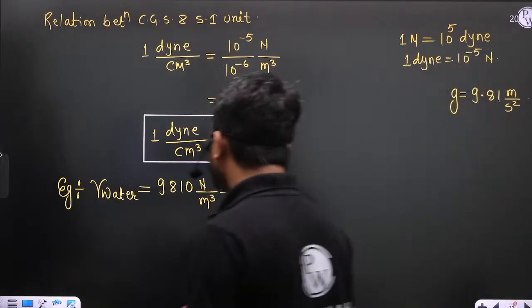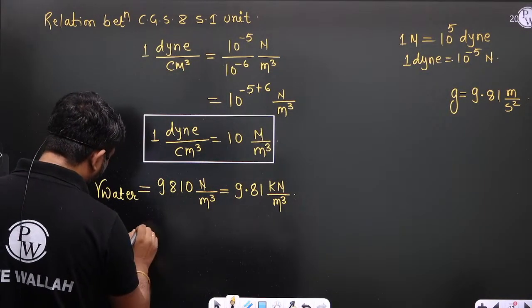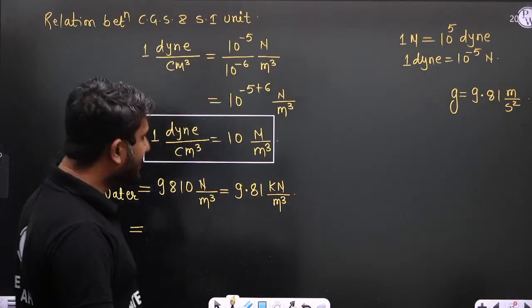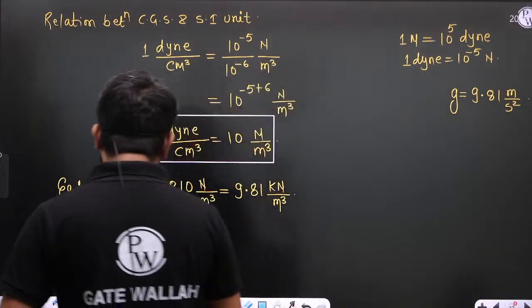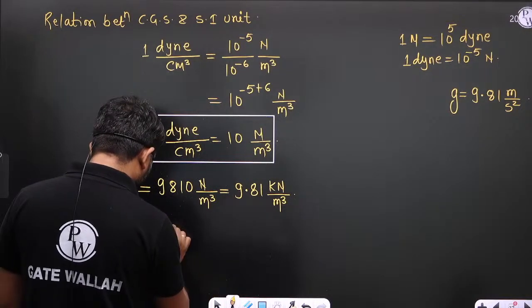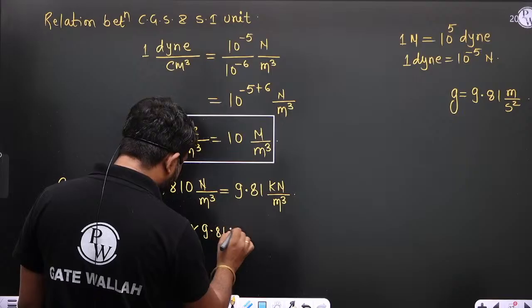What is the weight density for mercury? For mercury, 13600 into 9.81.